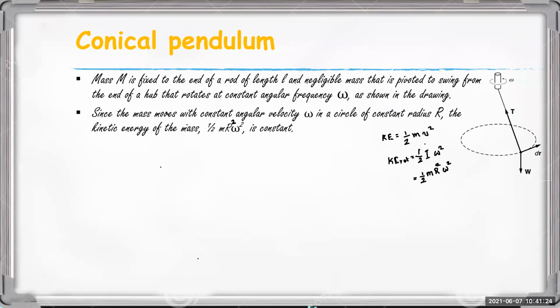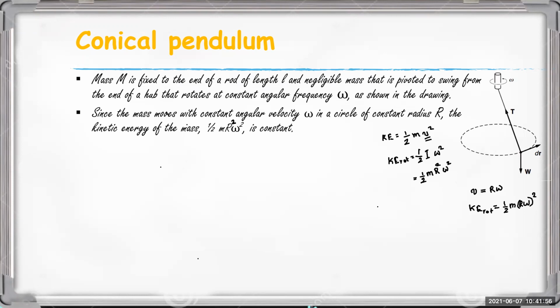It can also be obtained by substituting the relation v is equal to r omega. Then the rotational kinetic energy must be equal to 1 by 2 m into r omega whole squared.